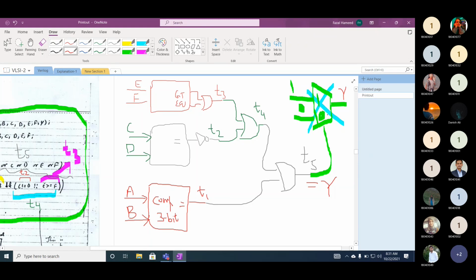But which hardware is efficient? The first one or the second one? Including multiplexer or excluding multiplexer? Excluding multiplexer, because it will result in minimized hardware and also a small critical path with fewer gates within the critical path.